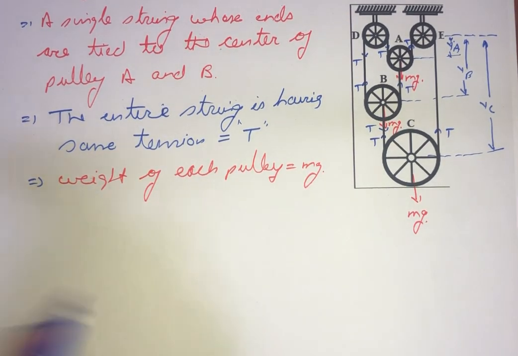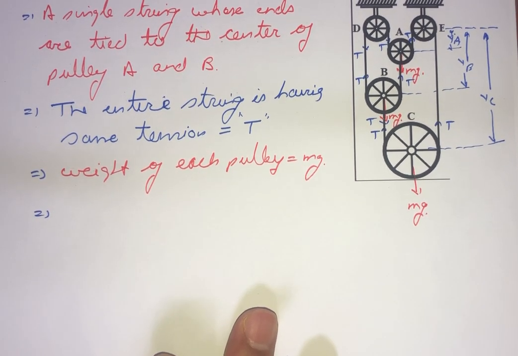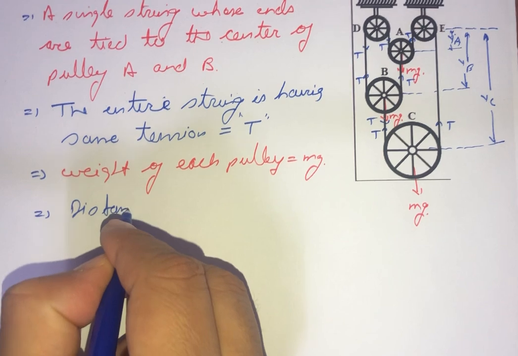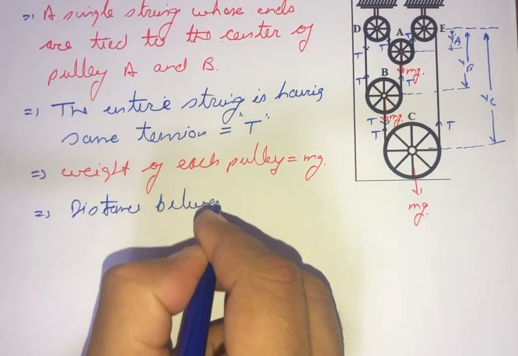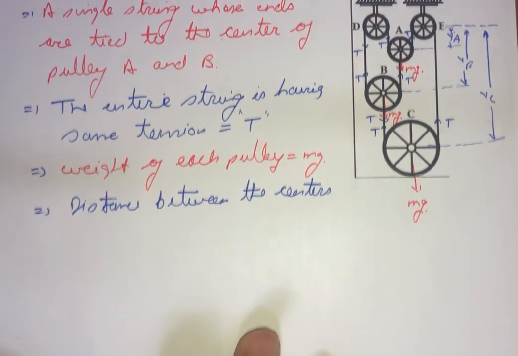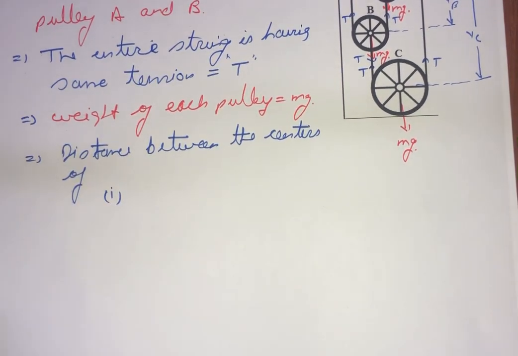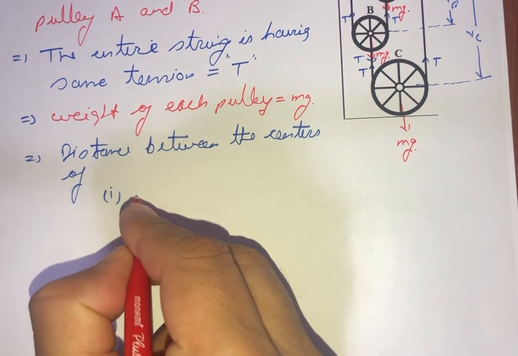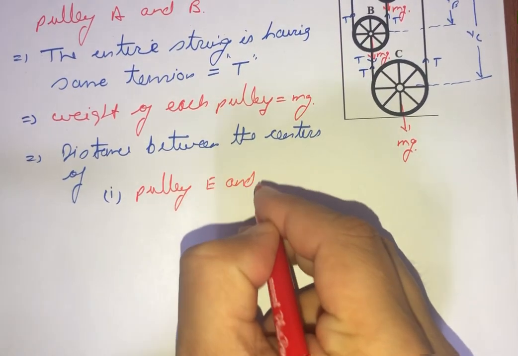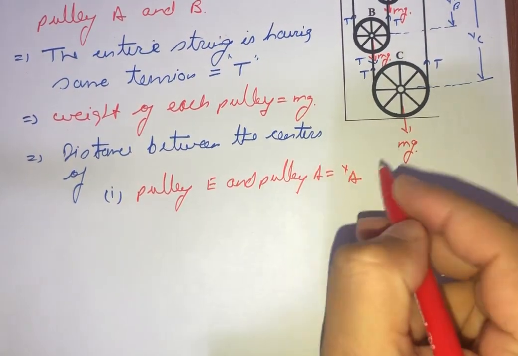And we considered that the distance between the centers of pulley E and pulley A is taken as YA.